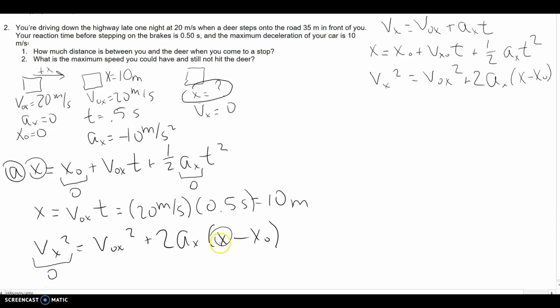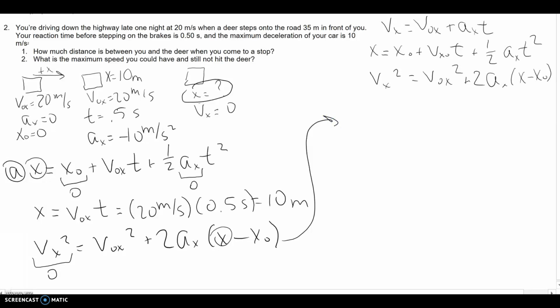At our final location, our speed is going to be 0. So that's why that value there is 0. Our initial velocity is 20 meters per second. We have an acceleration of negative 10 meters per second squared, and our initial position we're going to call 10 meters.